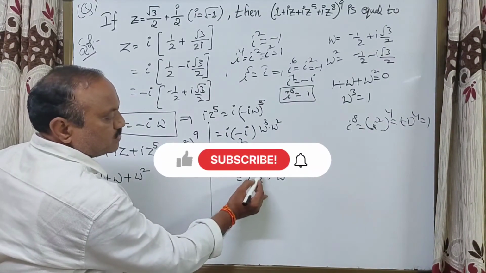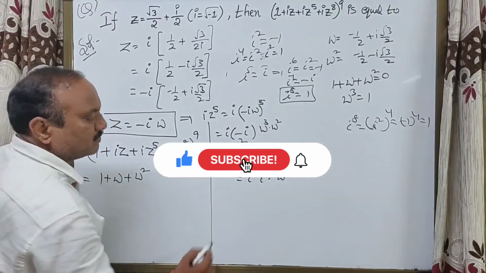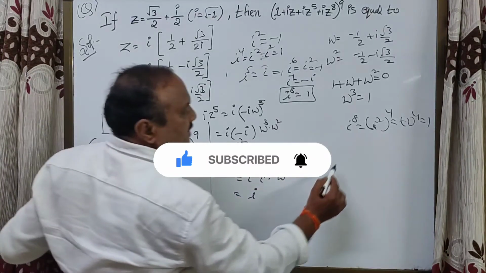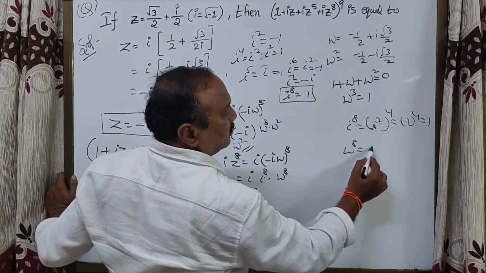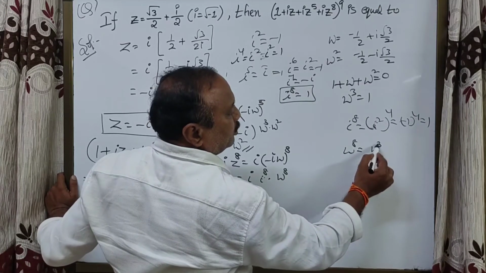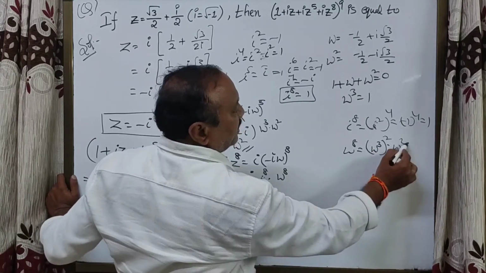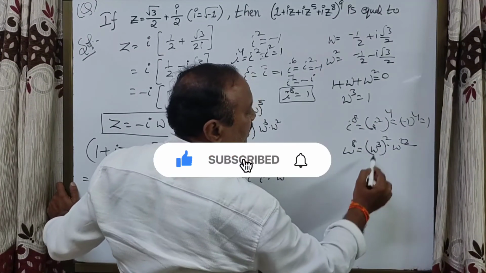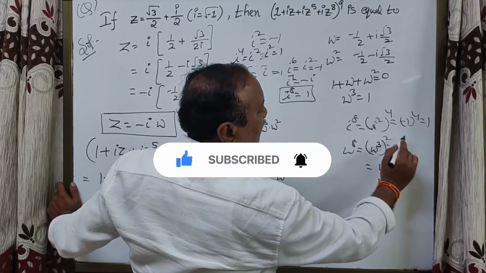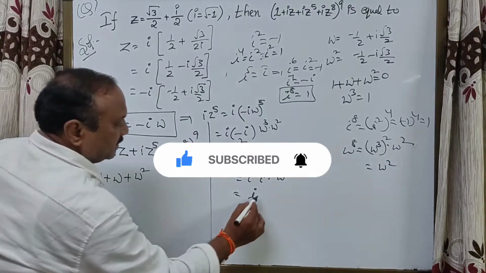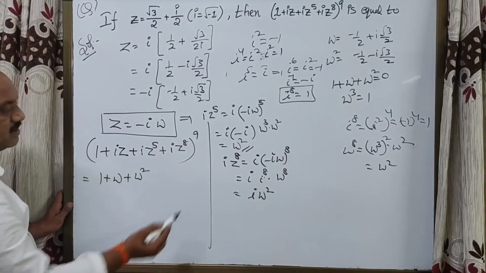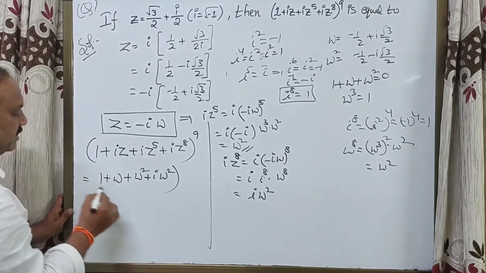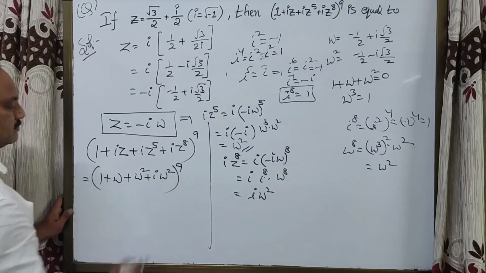It is 1, students. So 1 into, we write ω⁸ as (ω³)² into ω². ω³ is 1, it becomes ω². It is iω², so (1 + iω² ... )⁹ with i⁸ plus iω² whole power 9.